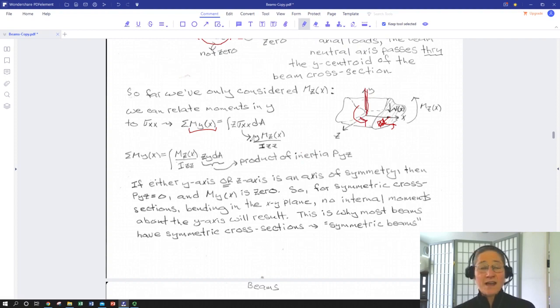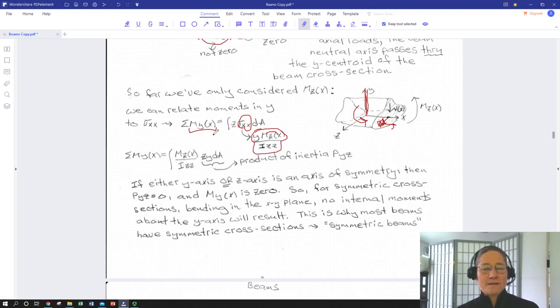Because of that we would end up inducing a sigma zz stretch due to some horizontal flexure, a horizontal applied moment. So we could look at that and see whether or not that's something we have to worry about depending on the beam shape. So let's just apply sigma xx due to a horizontal applied moment using our flexure formula.